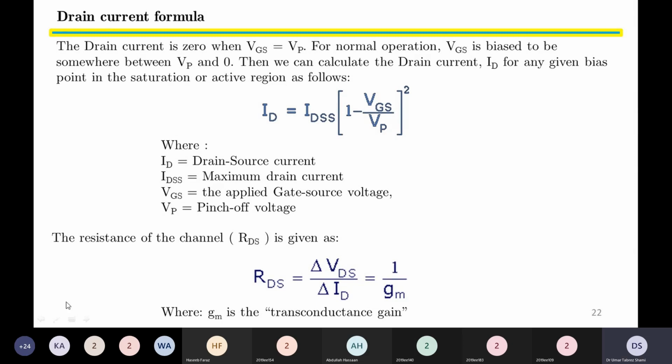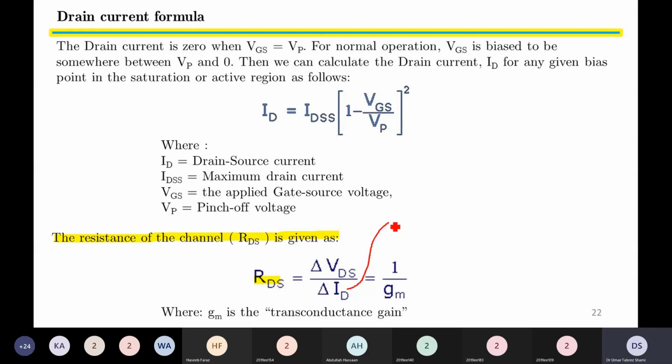Then secondly, we have the resistance. The resistance of the channel RDS is given by RDS is equal to delta VDS over delta ID. It is equal to 1 over Gm, where Gm is the transconductance gain. RDS represents the resistance of the channel, and it is a function of VDS and ID.